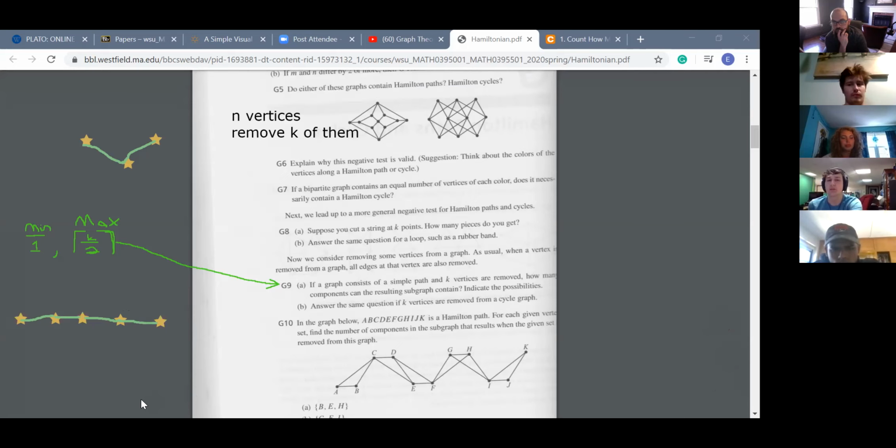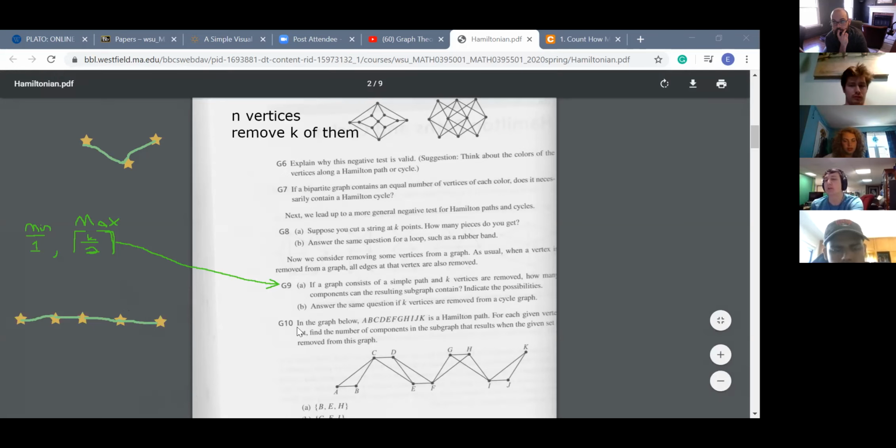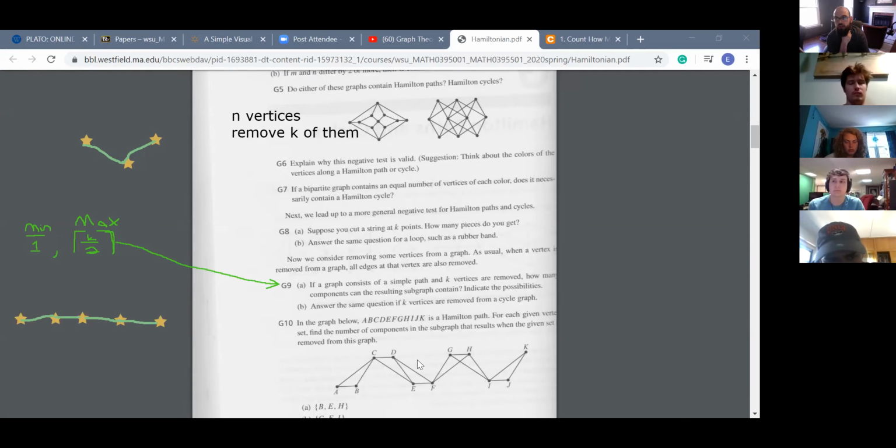So if you take away 3 vertices from a path with only 5 vertices, you'll only have 2 vertices left, and because each component has to have at least 1 vertex, you can only possibly have 2 components at most. So if you have 5 vertices and take away 3, you can have at most 2 components. Can you generalize that?